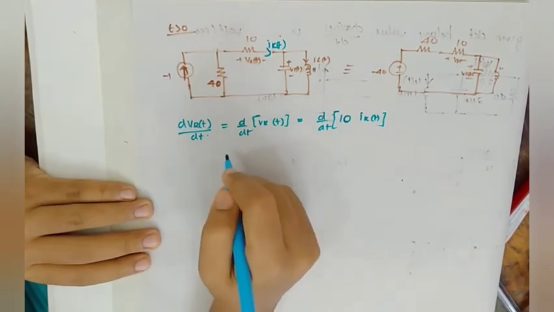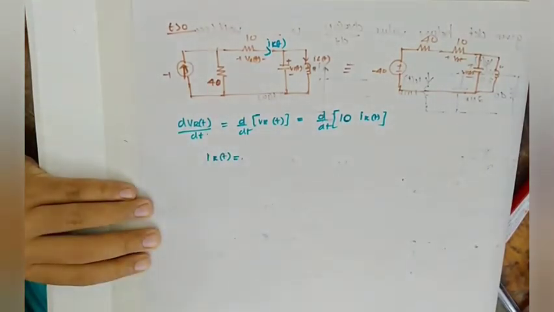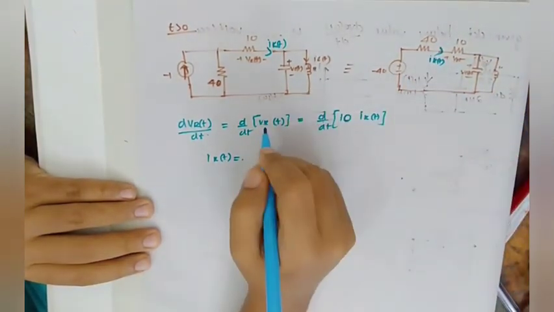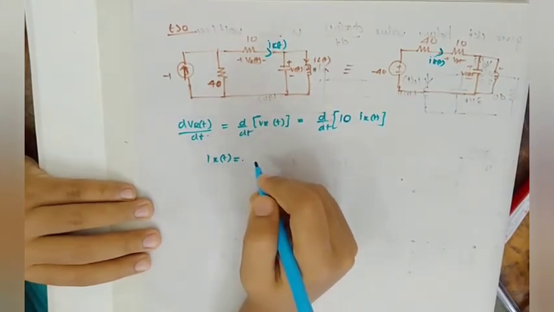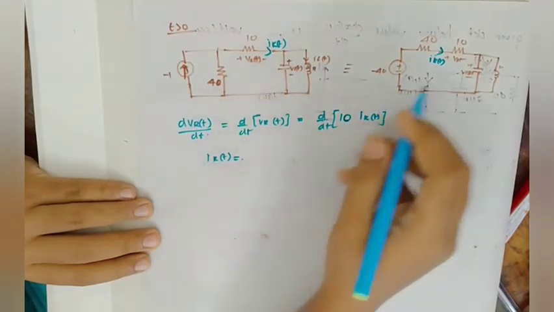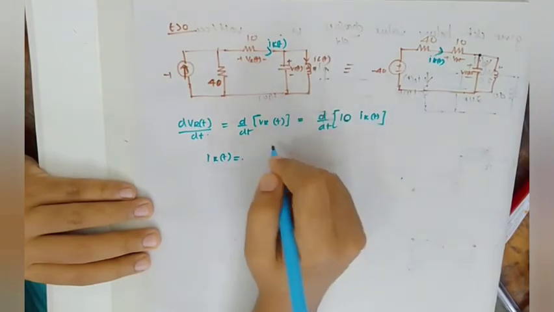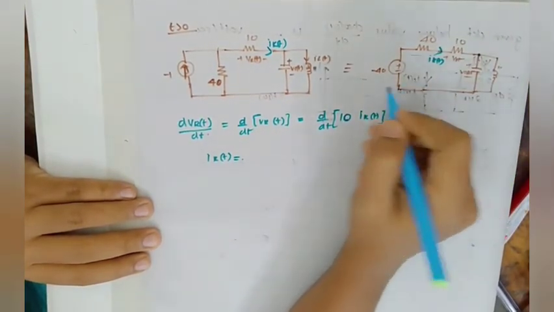And now what is IR of t? IR of t is the current flowing across these two resistors, right?